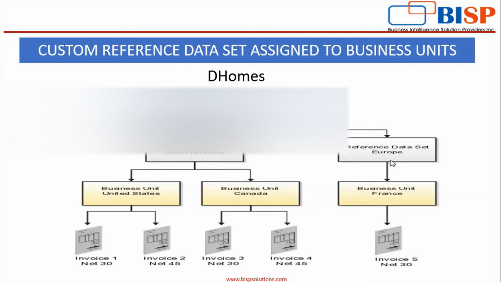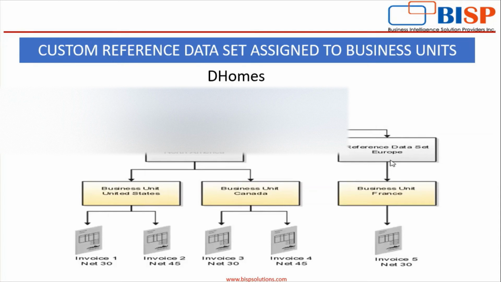D Homes have two payment terms. First is to make payment in 30 days, and the second one is to make payment in 45 days. North America can avail both the payment terms, that is net 30 days and net 45 days, but the Europe can avail only net 30 days payment term.